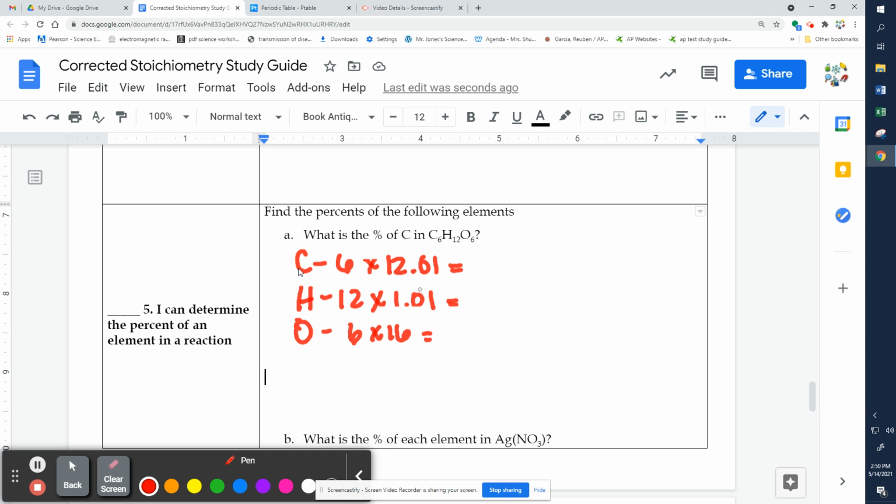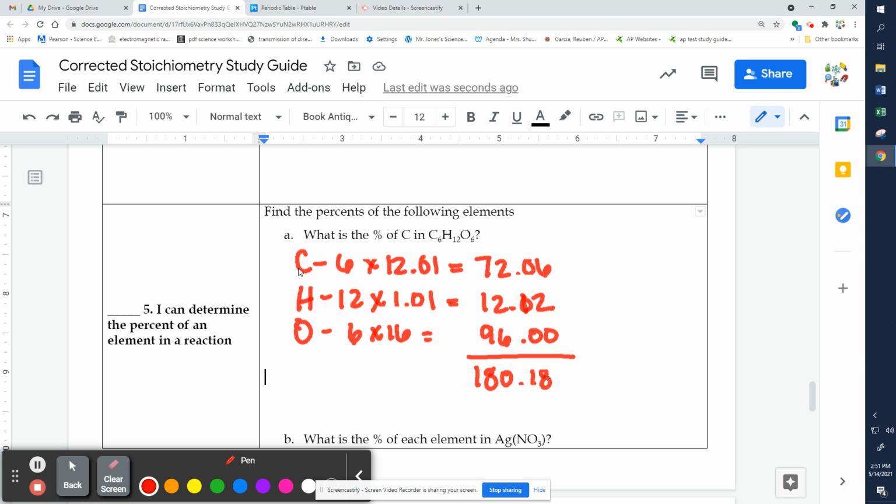Carbon is 12.01, hydrogen is 1.01, and oxygen is 16. When I multiply these out, for carbon, you should get 72.06. For hydrogen, you should get 12.12. And for oxygen, you should get 96. When we add them all together, we're going to get 180.18.